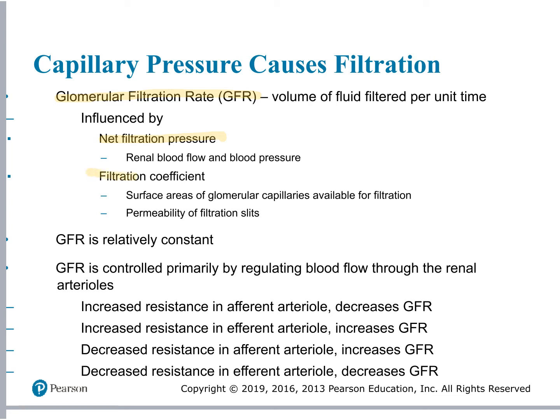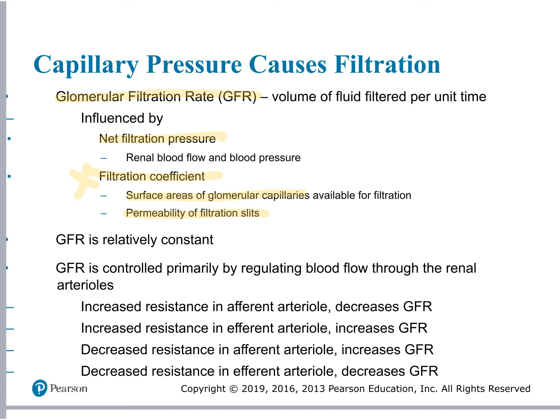And then we have to look at the filtration coefficient. We talked a little bit about that way back in chapter 5, and this usually stays the same. It's the surface area of the glomeruli, the capillaries available for filtration, and how permeable the filtration slits are. They should stay about the same.